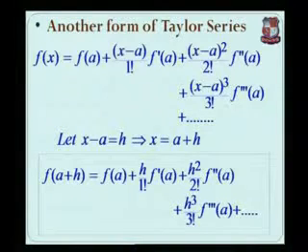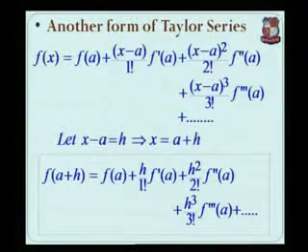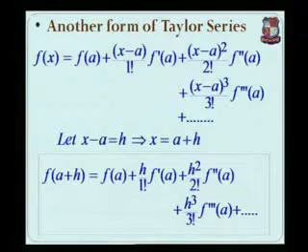In this formula x replaced by a plus h means x is the sum of two variables, a as well as h. Now in the right side a is the first value and the second value is h. So if any x is there, we convert it into addition of two numbers, otherwise difference of two numbers, means h may be decrement or h may be increment. Now we apply this formula to find approximations.